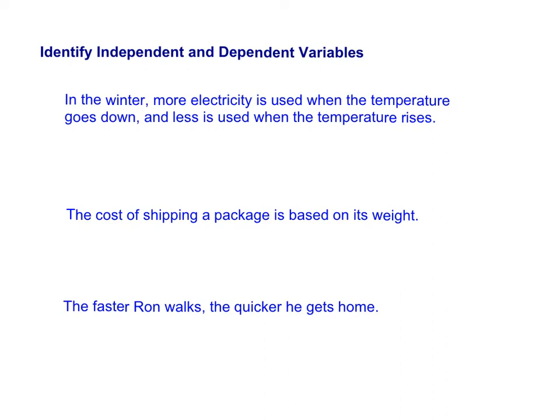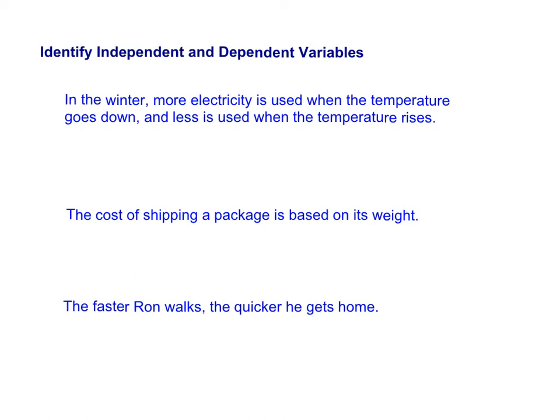In the winter, more electricity is used when the temperature goes down and less is used when the temperature rises. So what we're saying is that the amount of electricity used depends upon what the temperature is.